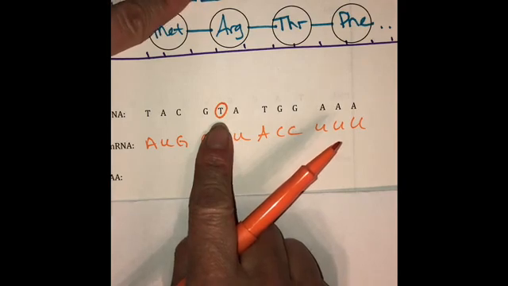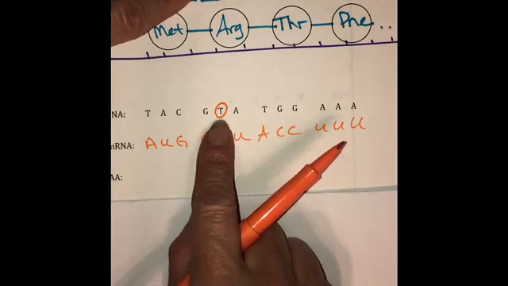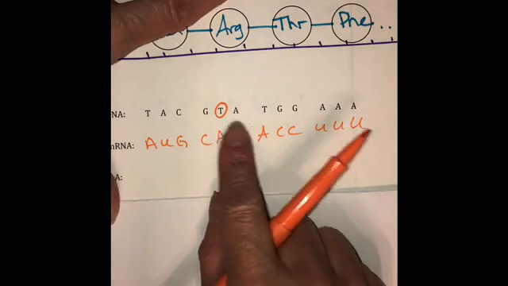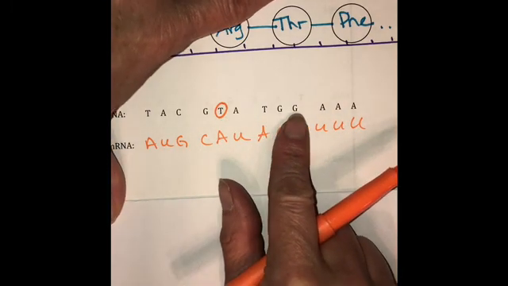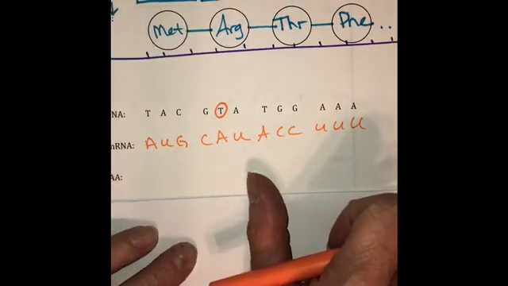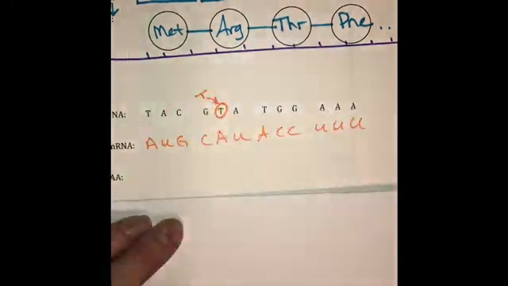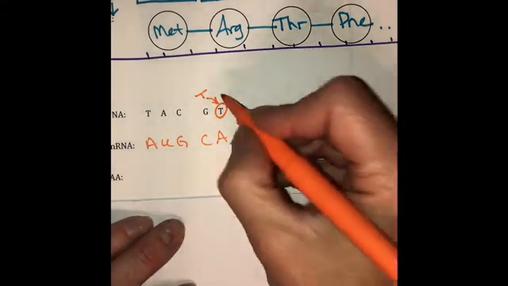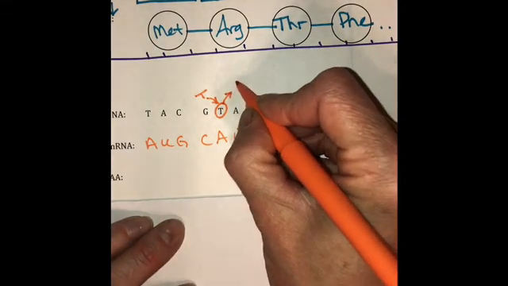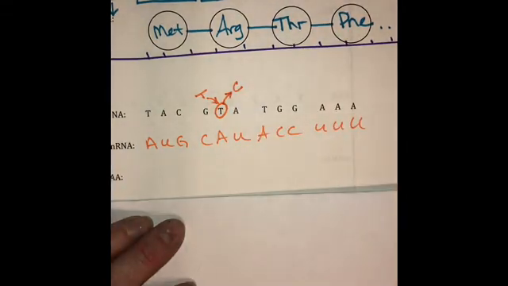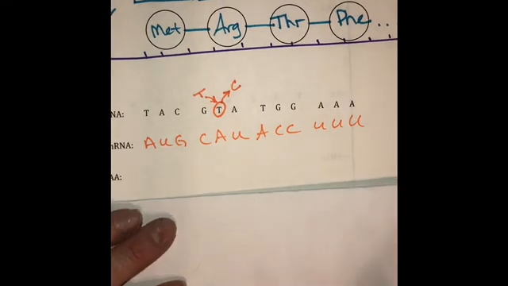Instead of a C, it looks as though we now have a T. If I look at the rest of our strand, everything else does look to be the same. So essentially, we have a base of a T that has been put in place of, or has been substituted for, a cytosine. So we need to see if this has any impending changes to the protein.